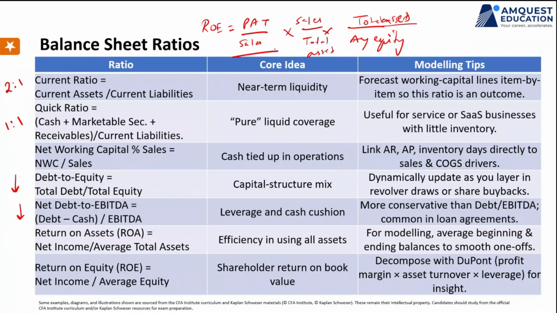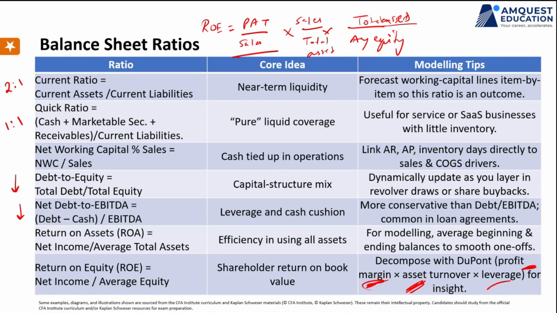The first ratio is called net profit margin. The second ratio is called asset turnover, sales upon total assets. And the third ratio is leverage. So the return on equity can be decomposed into these three ratios.